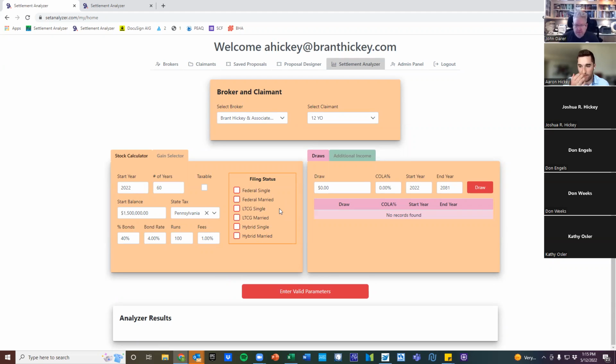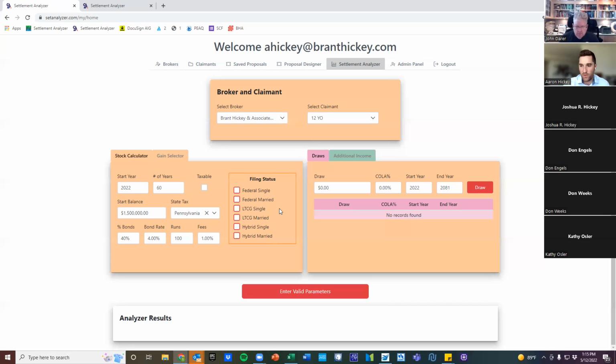In this case, it is a 12-year-old. There's a lot of different options for you to choose from. The first two are federal rates, just the federal income tax brackets. The second two are long-term capital gains alone. And the last one that we call hybrid is actually a combination of both federal and long-term capital gain rates.